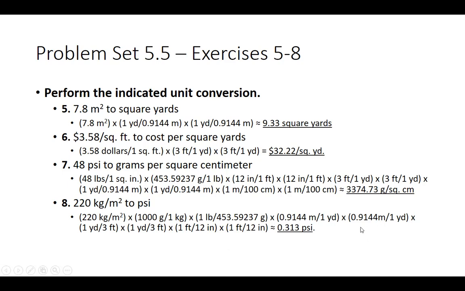So to get rid of square yards on the bottom, we need yards on top twice. We can convert to square feet on the bottom by using feet on the bottom twice. The conversion factor we're using then is 1 yard over 3 feet twice.